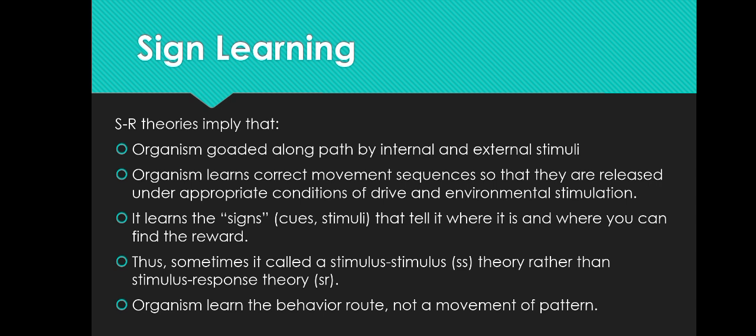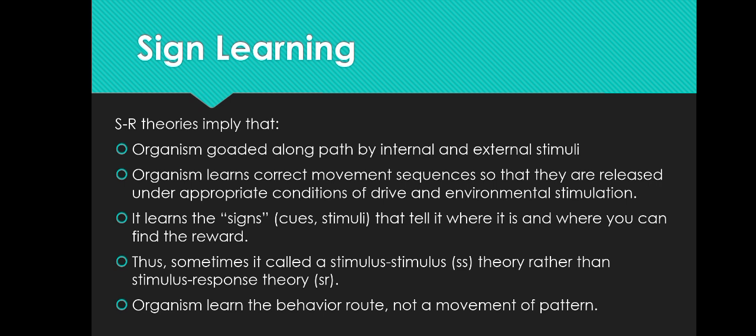Now, when there is a good environment and the teacher has the effectiveness to drive the learner to do something good in the class, it learns the signs. The signs can be cues.